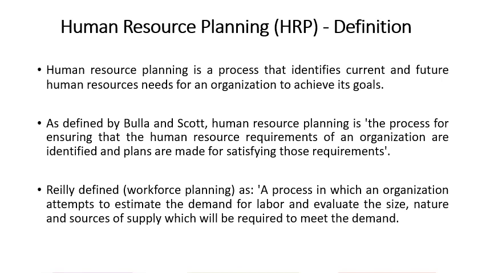How many people are required, and what kind of people: what should be their skills, their qualification, their potential, their capabilities, their abilities, and from where the organization can get that kind of people which can fulfill that demand. So this is nothing but the human resource planning process.